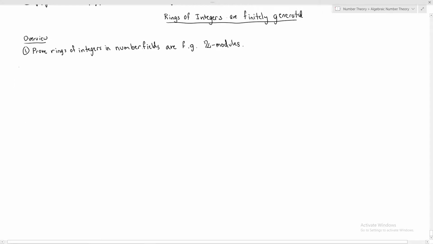So the idea: we're going to use our non-degenerate trace form to find Z-modules.